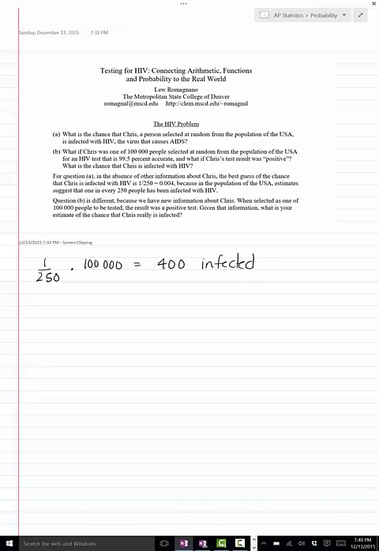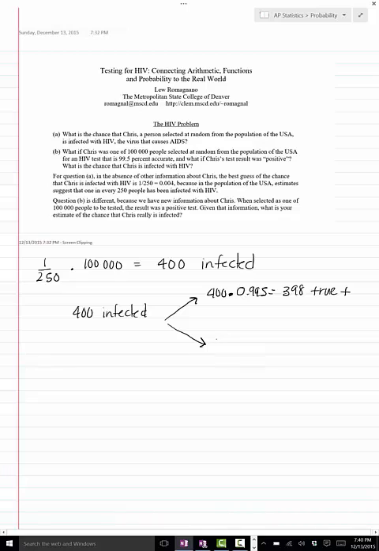And if the test is 99.5% accurate, then for the 400 infected people, these are the people that test positive, times 0.995, we would get that 398 of them are what we would call true positives.